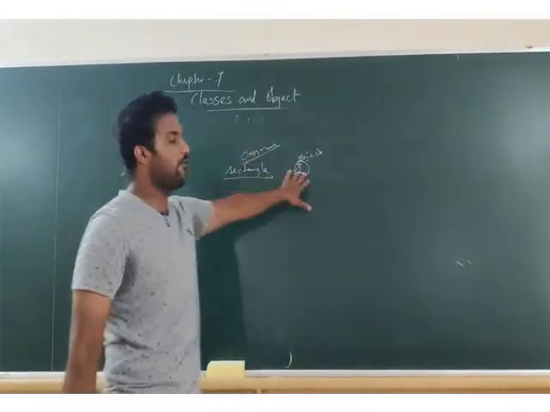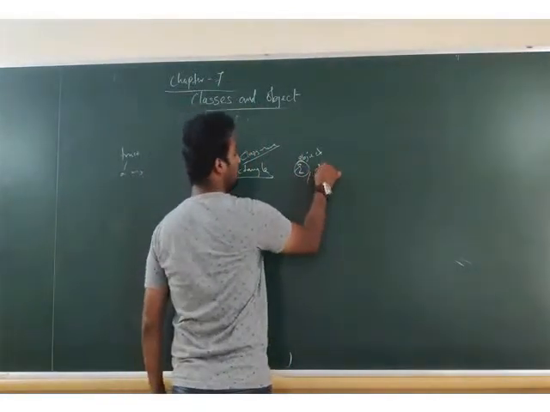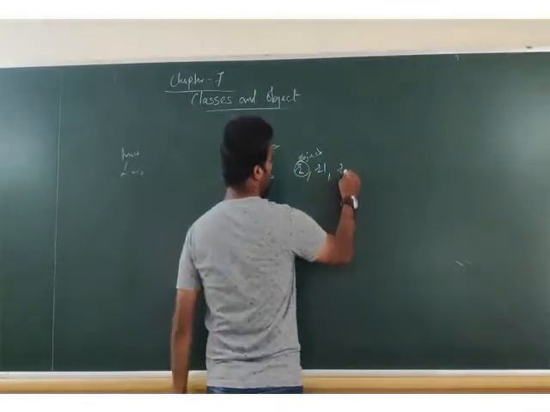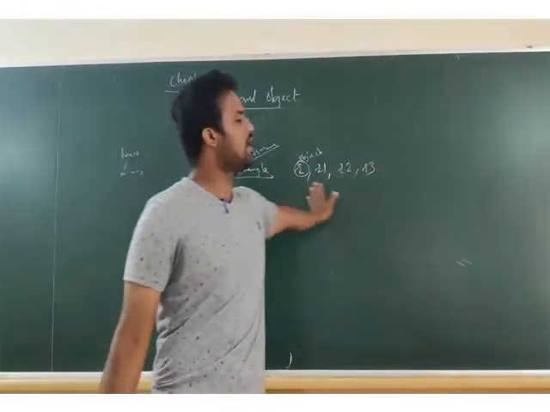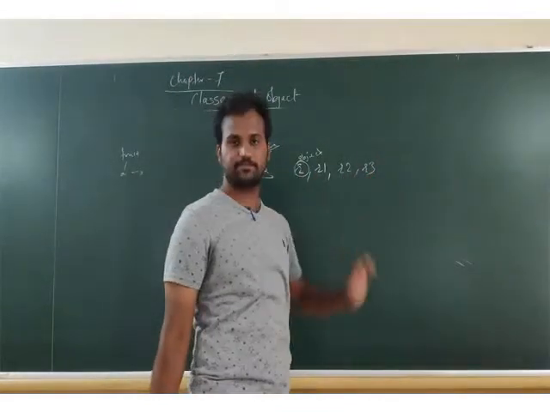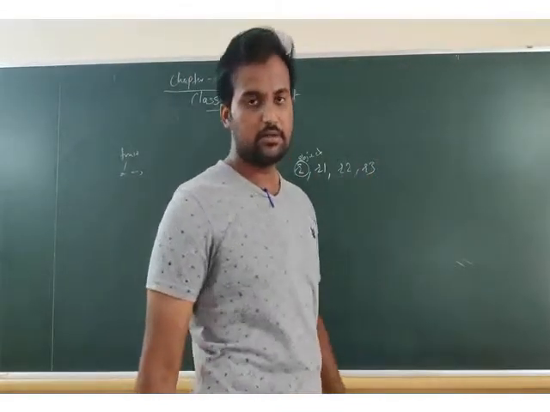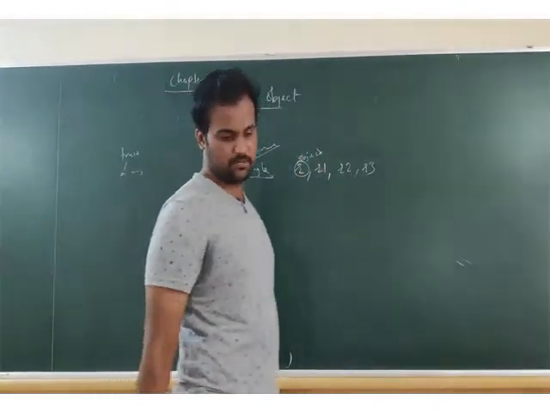One class can have n number of objects like R, R1, R2, R3. How many you want, you can have, but all should be different. Okay? So this is what an object is. It is an instance variable.